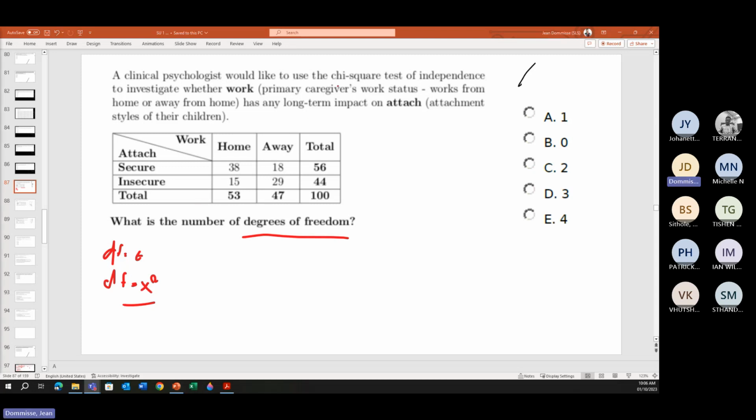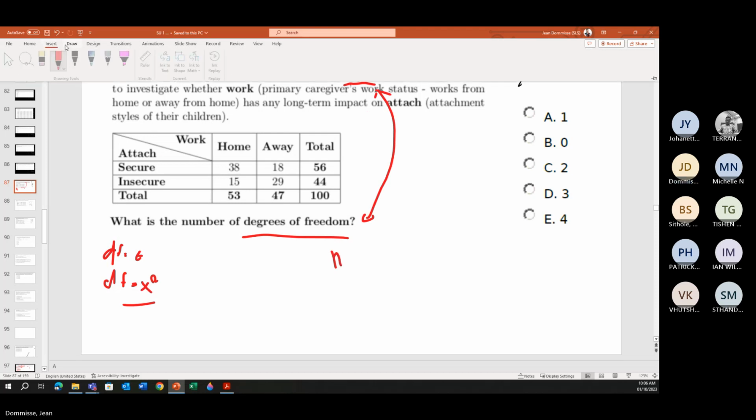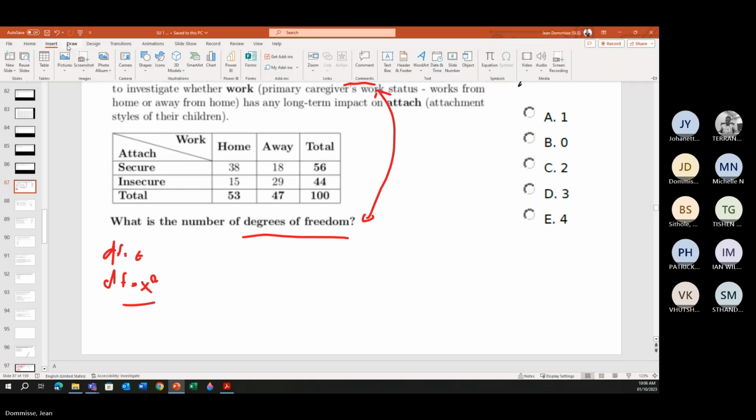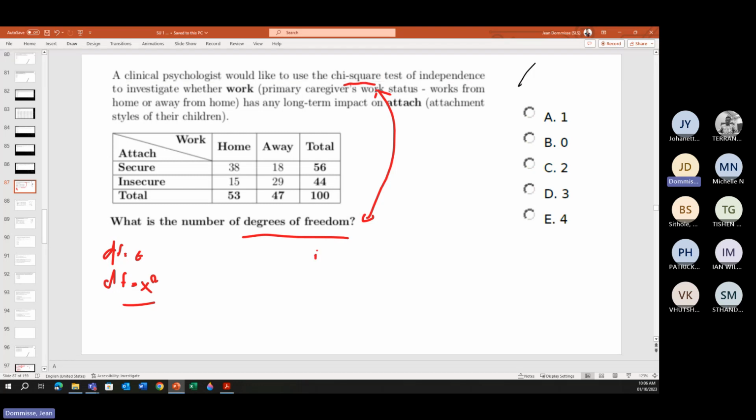So in this one, they tell us we work with a chi-square, and we need to get the degrees of freedom for a chi-square. So degrees of freedom for chi-square is always rows minus 1 times columns minus 1.